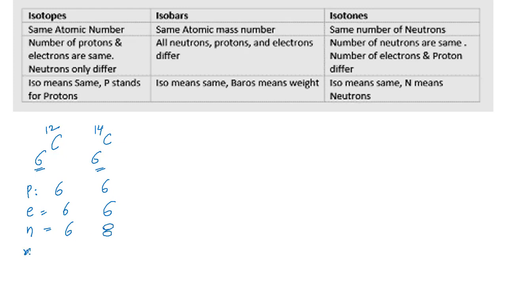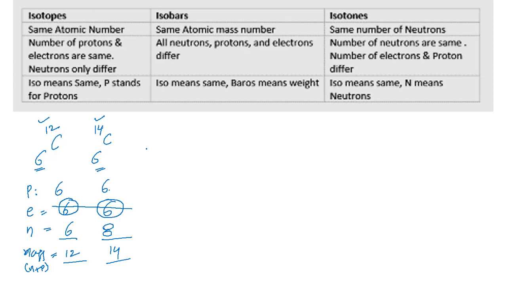The total mass is 12 and 14. The mass is equal to N plus P, the number of neutrons plus the number of protons. Electrons we don't add in the mass. So 6 plus 8 is 14, 6 plus 6 is 12. You can see here 12 and 14.